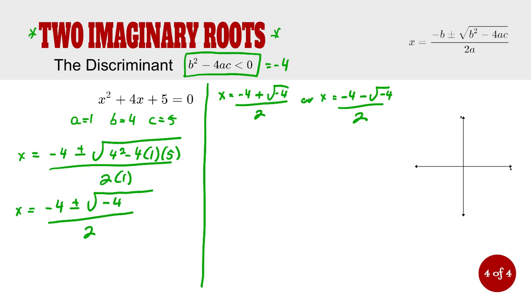If you're at the stage in your mathematical career that you understand how to deal with taking the square root of a negative number, you can continue. Otherwise, you can stop here and have 2 imaginary roots, realizing that you can't take the square root of a negative number. At a certain point, you learn about imaginary numbers, and you realize that the square root of negative 4 is 2i.